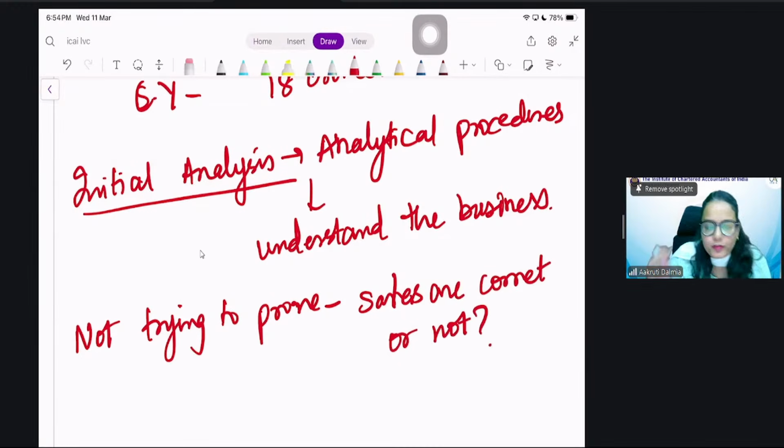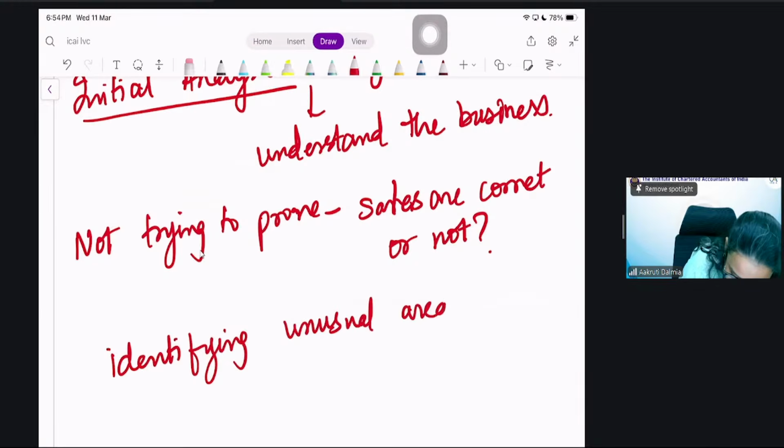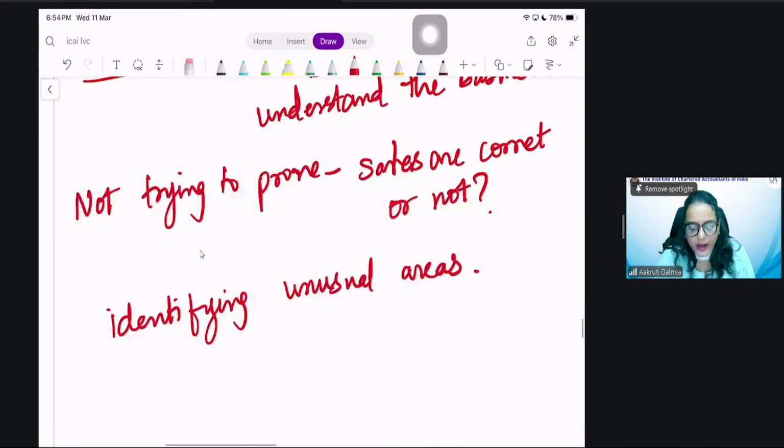I'm just trying to understand the entity and their sales. That's it. I'm just understanding the situation and identifying unusual areas.